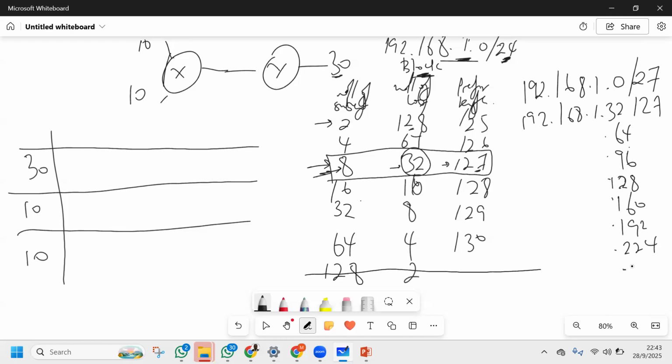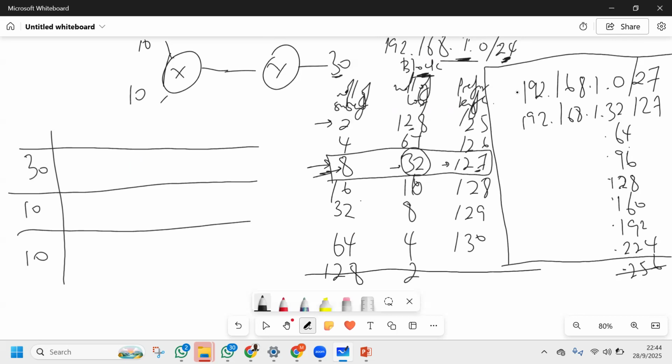Then if I add another 32, I get 256. We can't have a network at 256. So these are the 8 networks that I can create that accommodate 30 devices.